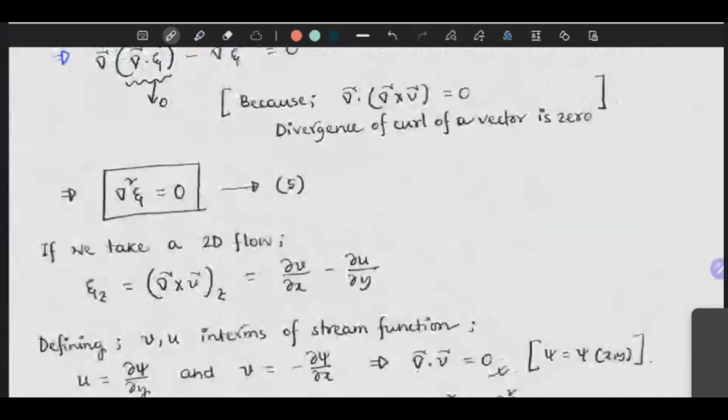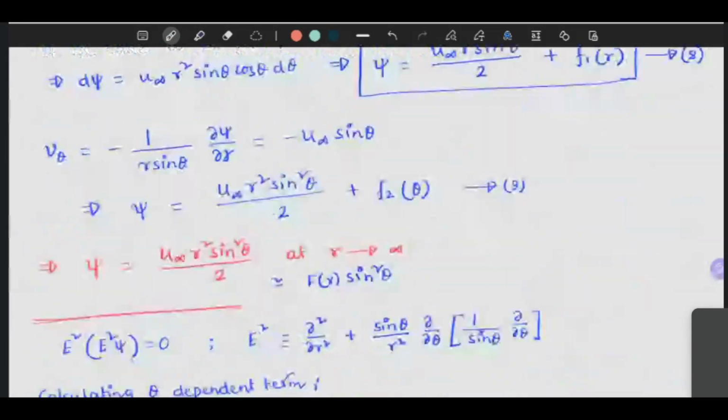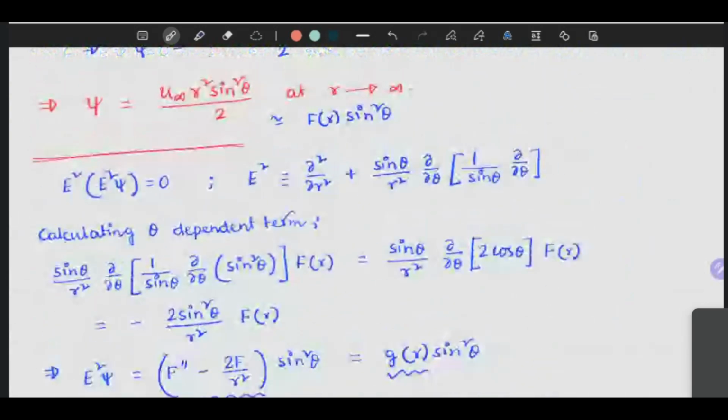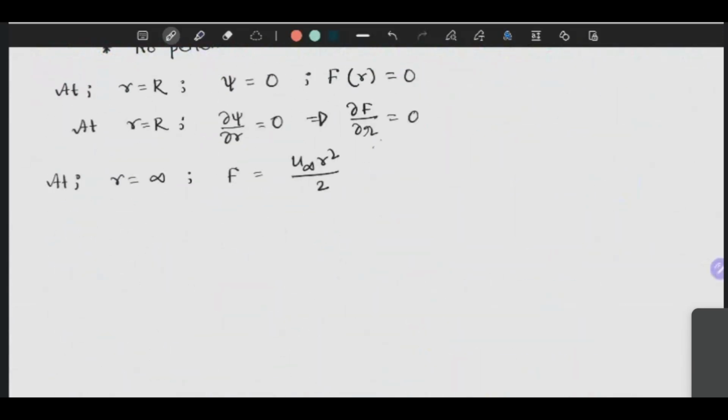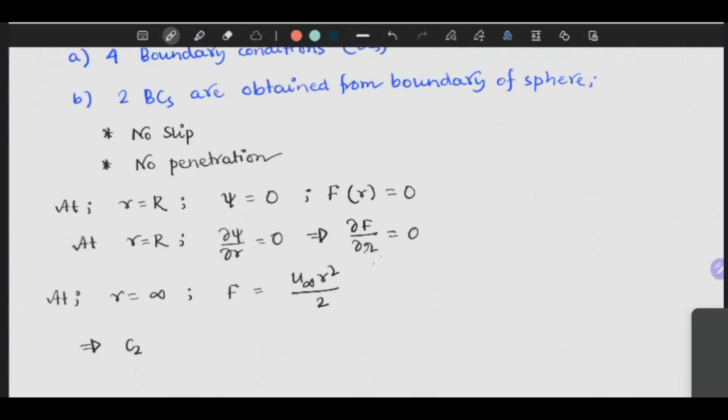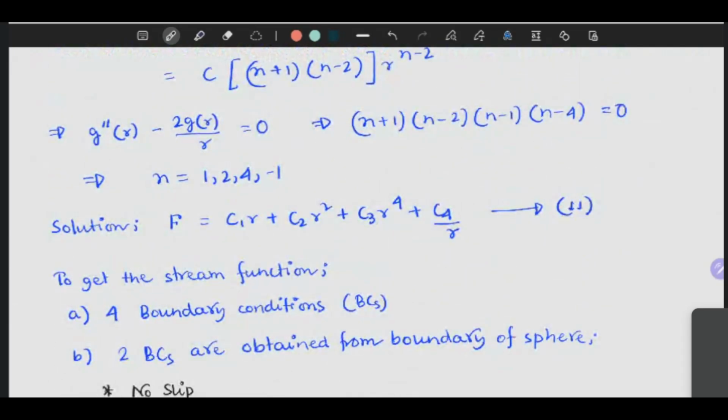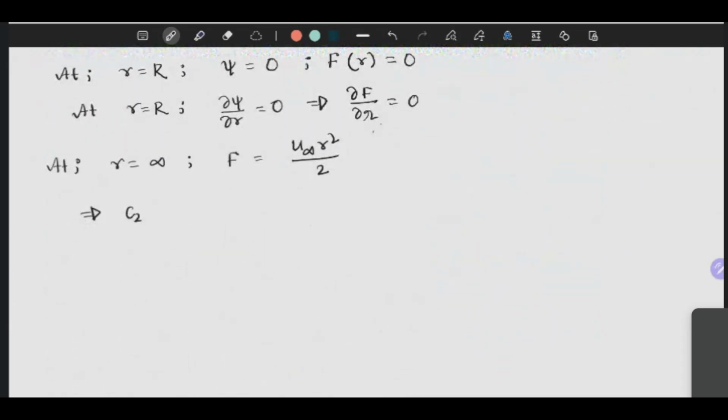So from there, as r tends to infinity, there will be only 3 parts, so C2 becomes u infinity by 2 and C3 becomes 0, because of the highest order dependency.